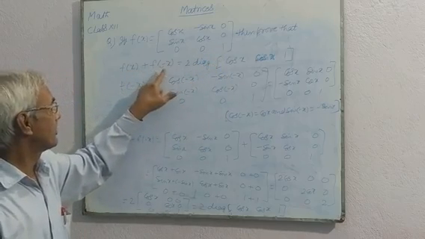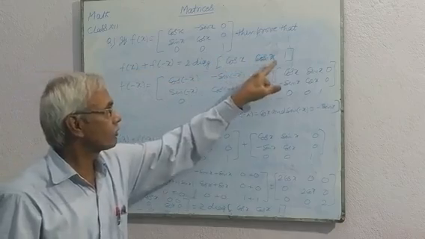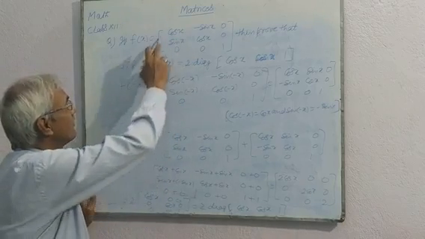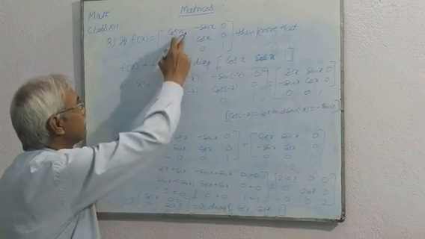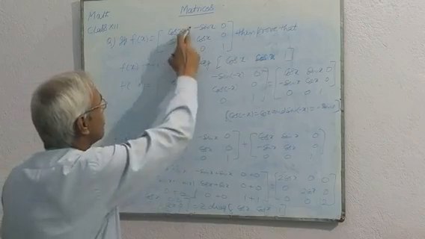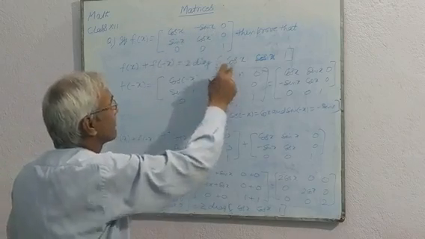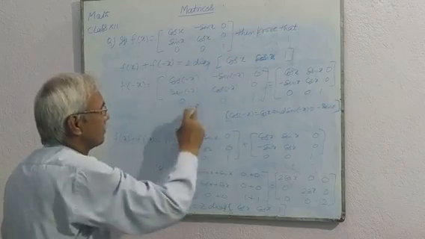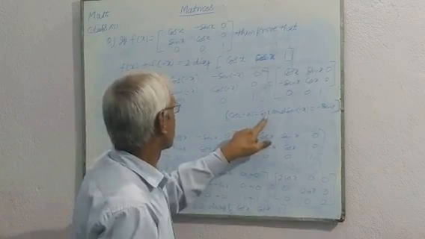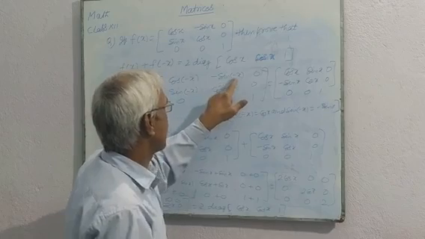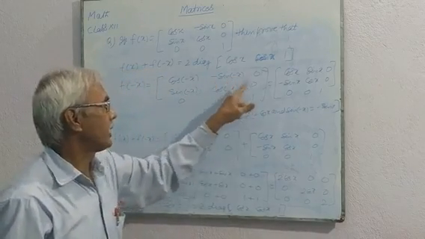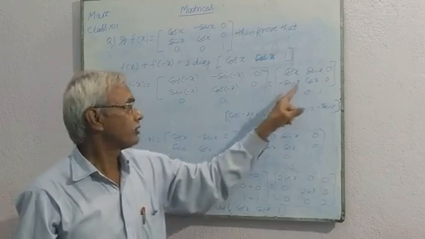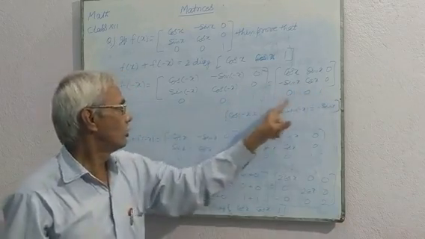Then prove that f(x) plus f(-x) is 2 times the diagonal matrix of cos x and 1. For f(-x), putting the value of minus x in place of x, f(-x) equals [cos(-x), -sin(-x), 0; sin(-x), cos(-x), 0; 0, 0, 1]. cos(-x) equals cos x, sin(-x) equals minus sin x, the minus minus becomes plus sin x, and 0, 0, 1 in the last row.